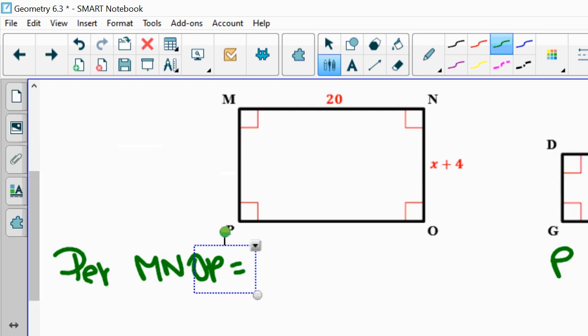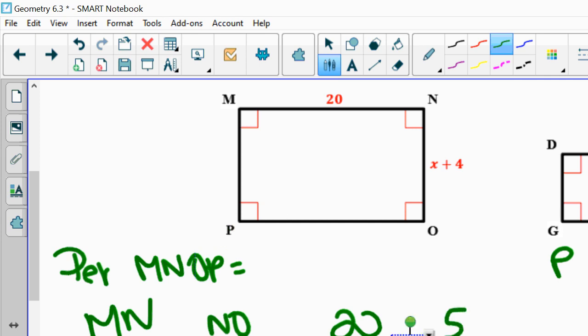So I can set up, I can say MN over DE equals NO over EF. So MN is 20 over DE, y minus 3. That has to equal, well, it also equals my scale factor, which they tell me was 5:3, 5/3.